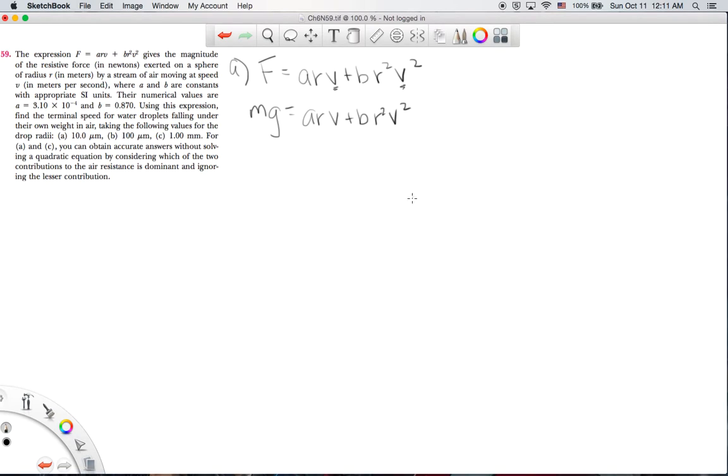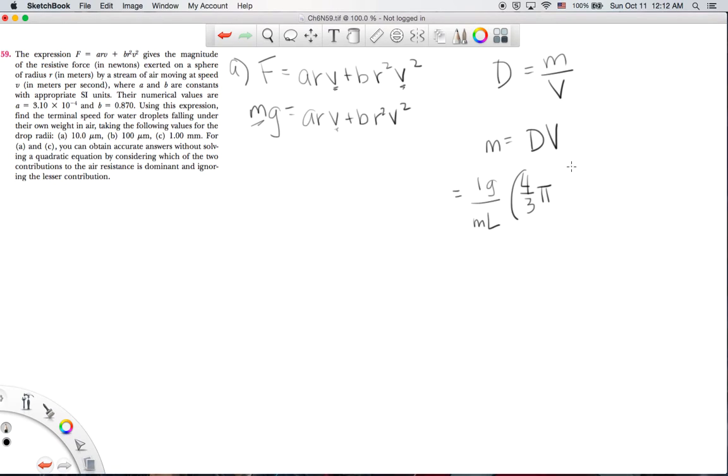So the only things we don't know in this equation are V, which we're trying to find, and m, which we should have. Remember that density equals mass over volume, so mass equals the density times volume. The density of water is 1 gram per milliliter, and you multiply that by the volume of a sphere, which is 4 over 3 pi r cubed.